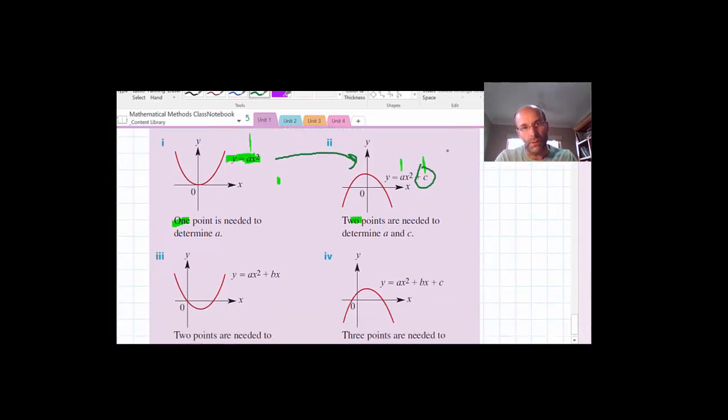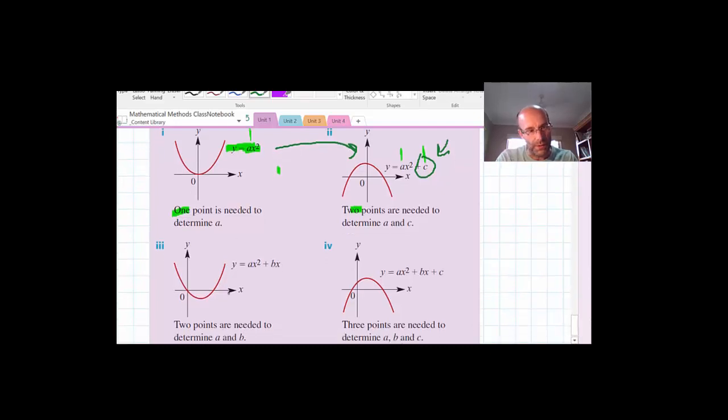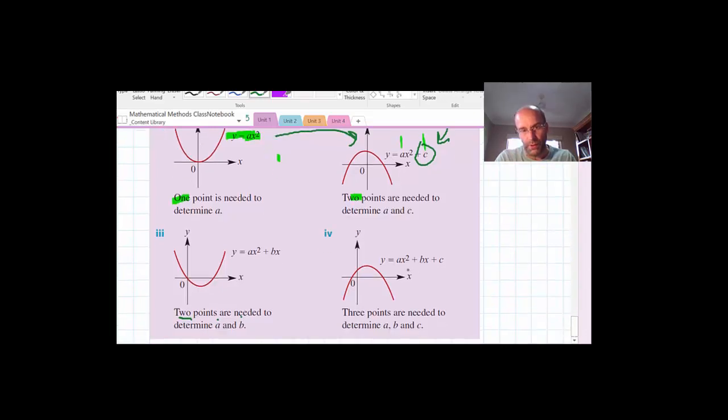One's just got a vertical translation. And that's the one I said before, that's like a combination of polynomial form and turning point form. The third one there, we've got 2 points are needed for that, because you've got to find A and B as per the example, and 3 points are needed if you've got it in full.